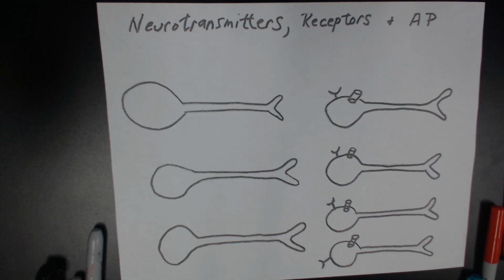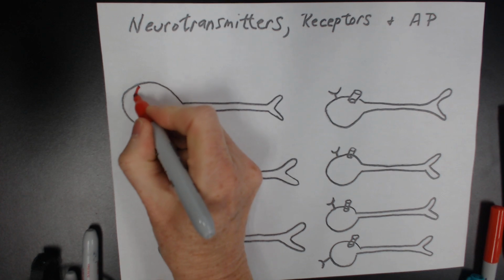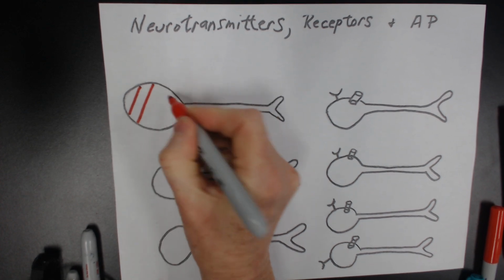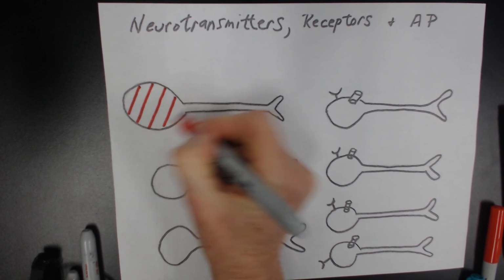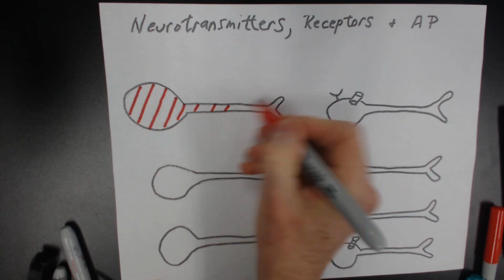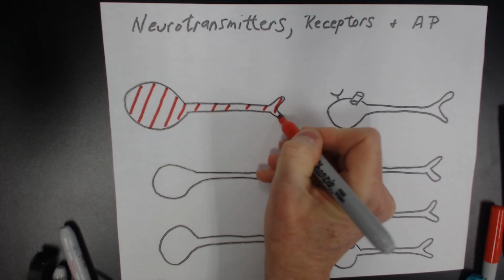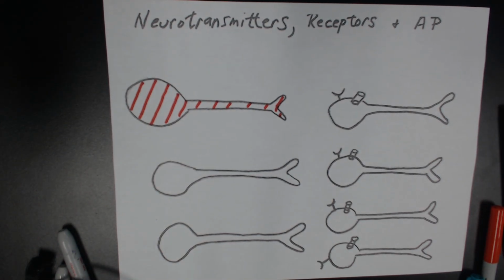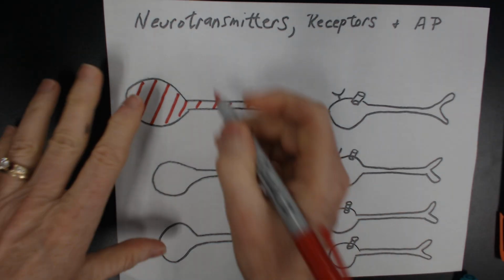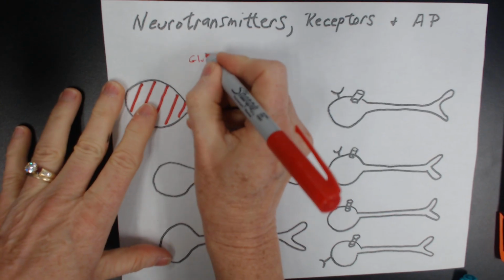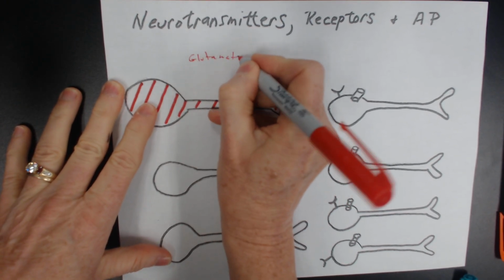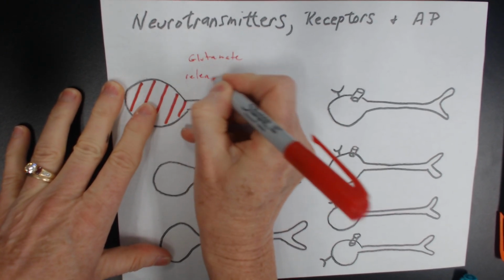When you see a neuron colored red, as with this first neuron, it is going to be a glutamate-releasing neuron, in other words glutamatergic.